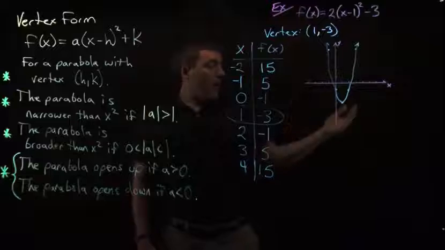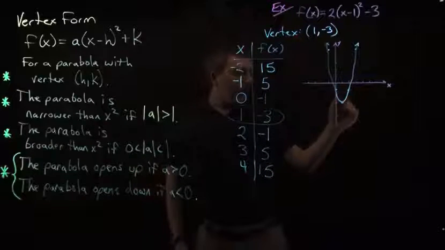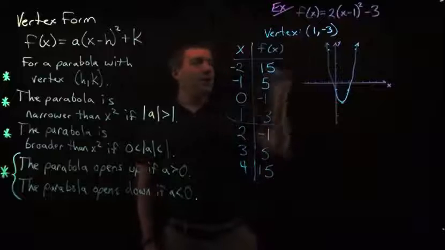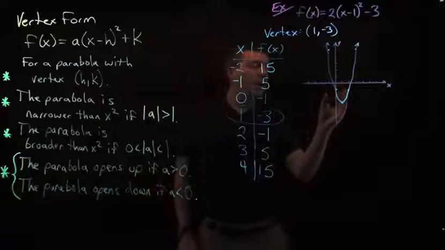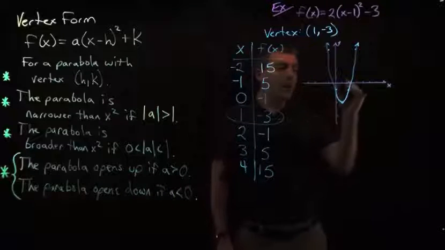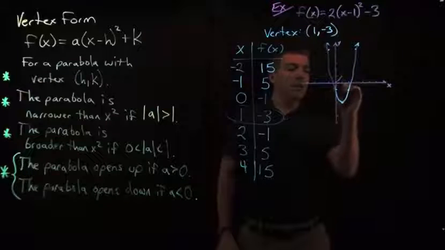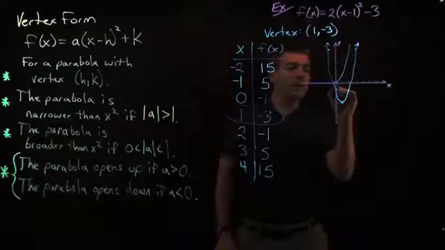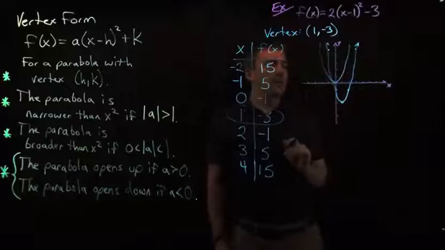We can see that 1, negative 3 looks like that is the vertex, and with the vertex form we verified that. The graph here is narrower than x squared, as x squared would look something like this, wider than our example.